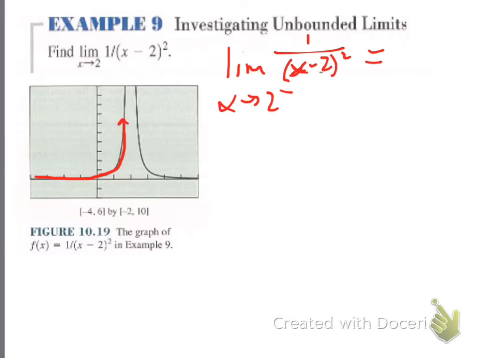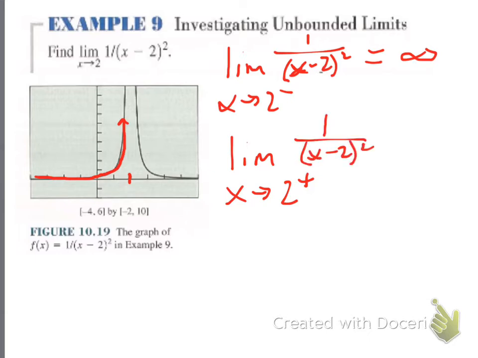It's going up. So the limit is infinity as x approaches 2. What happens when we approach 2 from the right? Okay? Well, we're approaching 2 from the right. What's happening to the graph? Oh, it's going straight up. So it's infinity again.